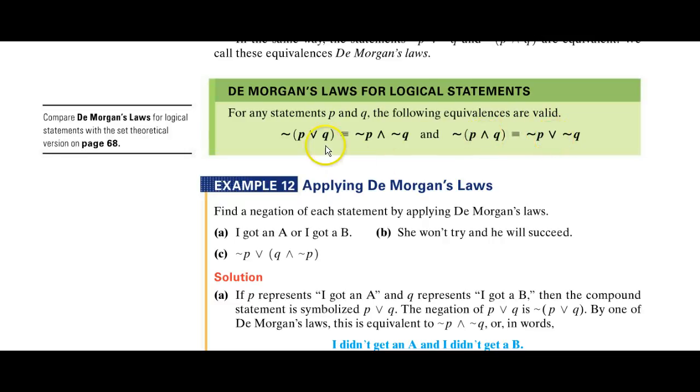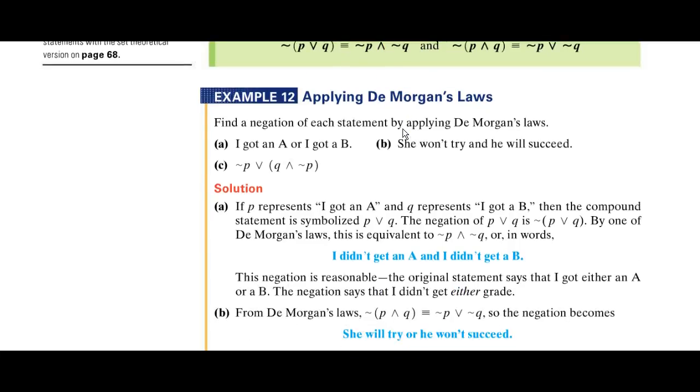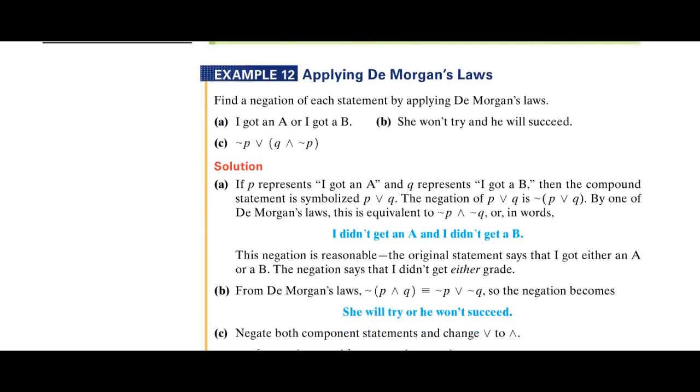So this is the or, this is the and, this is the and, this is the or. So we should have that in our notes. This is De Morgan's law. So in applying it, let's see what we have here.